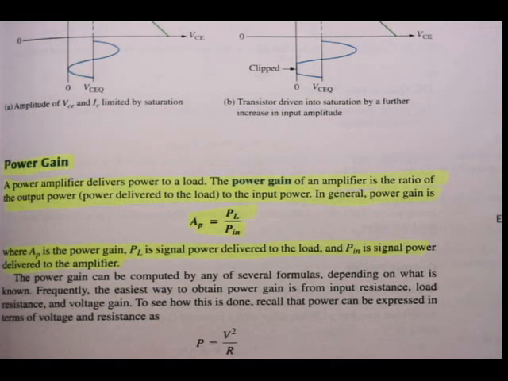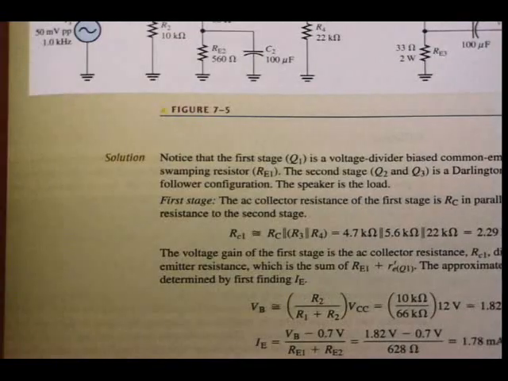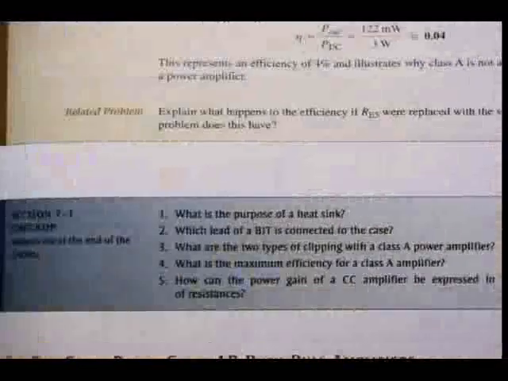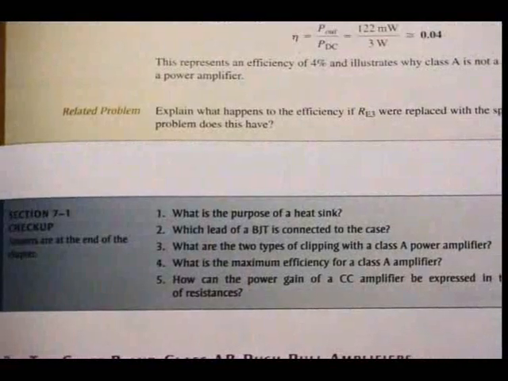In general, power gain is AP equals PL over Pin, where AP is the power gain, PL is the signal power delivered to the load, and Pin is the signal power delivered to the amplifier.